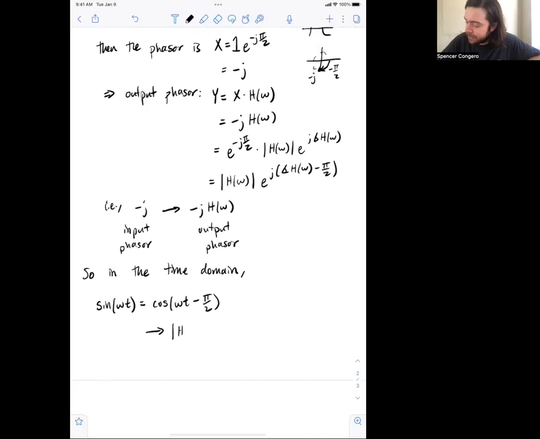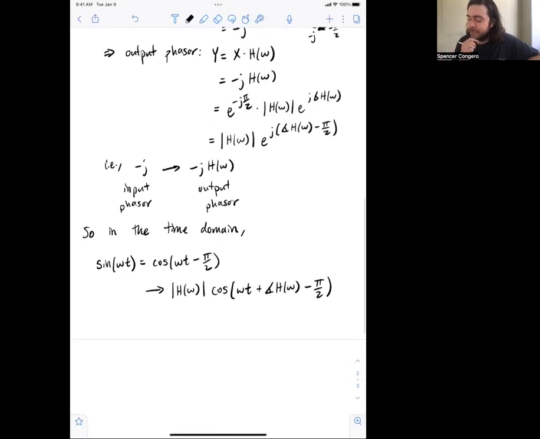Well, it's just the magnitude of that phasor times cosine of what frequency are we using? Well, we can see we're using omega, so omega t, and then plus that phase, so plus angle of H of omega minus pi over 2, right? This is my phasor, so that's the phase in that complex number, so that's how I apply it in the time domain.